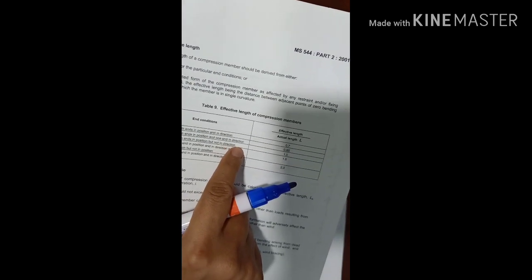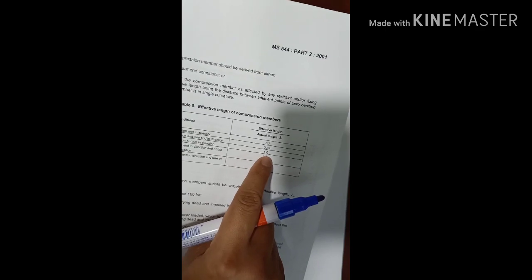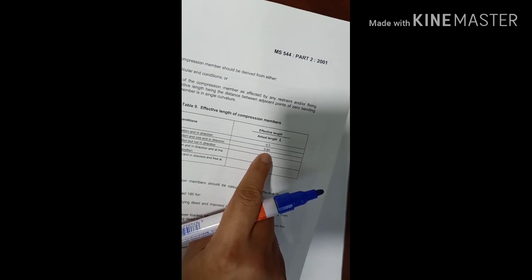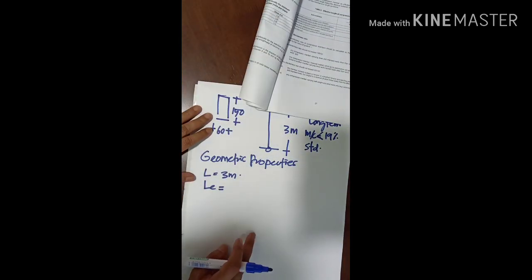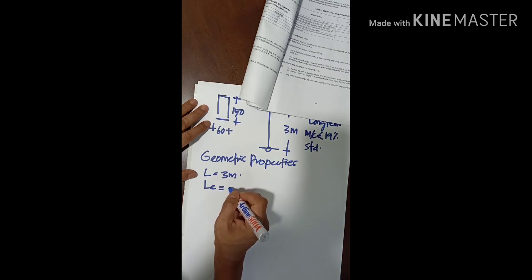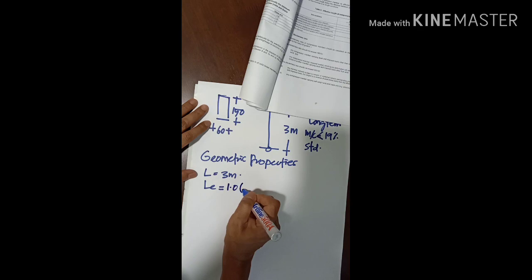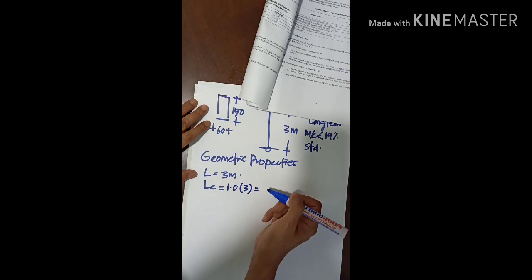So the effective length is calculated using the value 1.0. So 1.0 times L will be the LE, the effective length of the column. L is 3 meter, so our effective length is 3 meter.